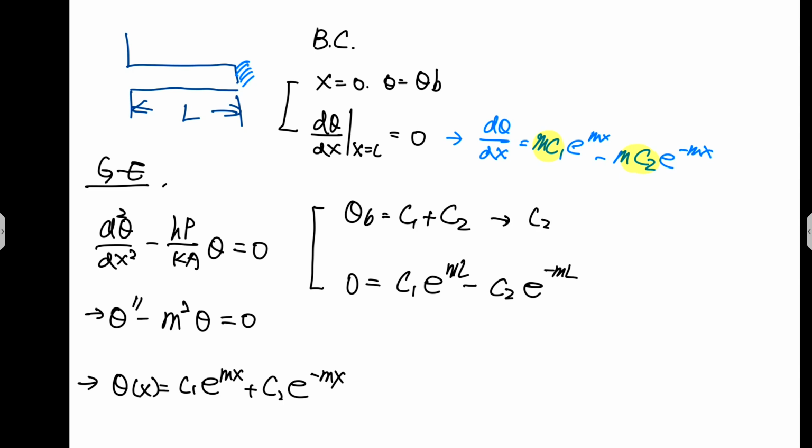Okay, so from this, I know C2 equals theta b minus C1.